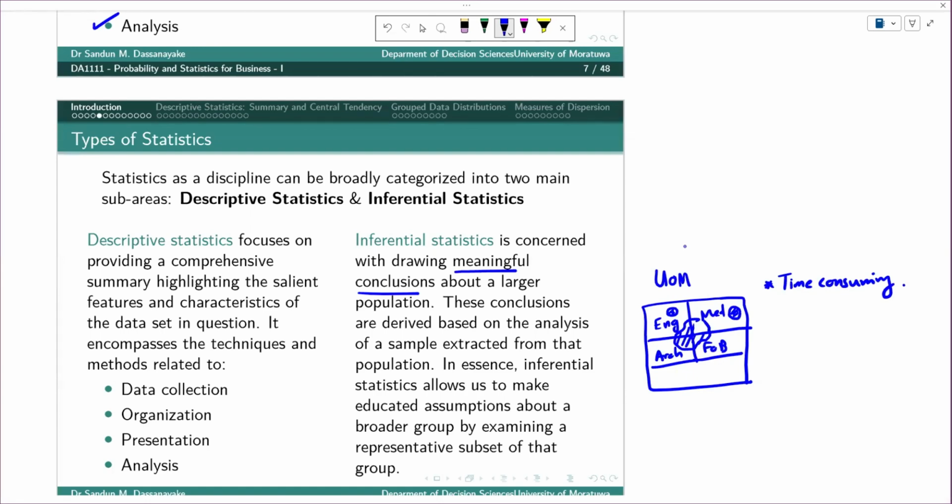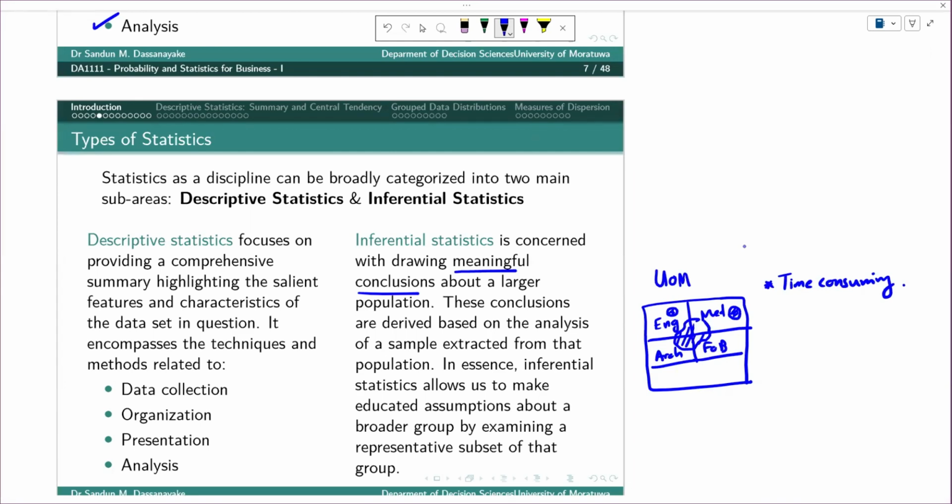And of course, the best answer is you can't do it for the entire population. If you look at the University of Moratuwa, yes, you can look at the population as a finite population which you can mingle with. But if you take a look at Sri Lanka or the world in general, it's a very large population and requires tremendous time, money and effort to do such a survey.